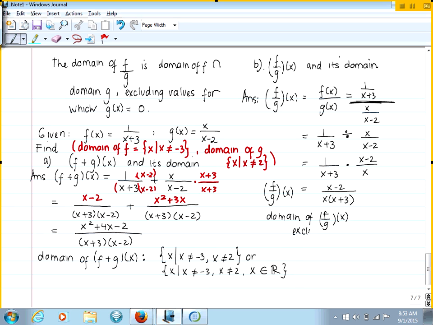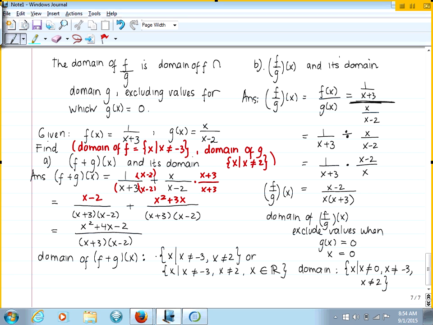So we exclude one more. So exclude values when g is 0. So x is equal to 0. So what is the domain? X such that x cannot be 0, x cannot be -3, x cannot be 2. All right, so that's the domain. Okay?